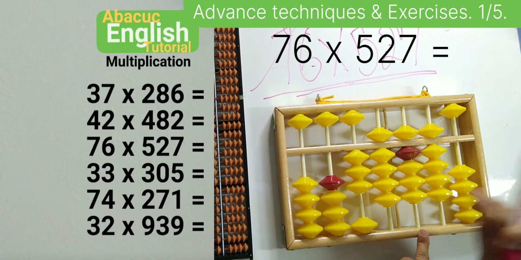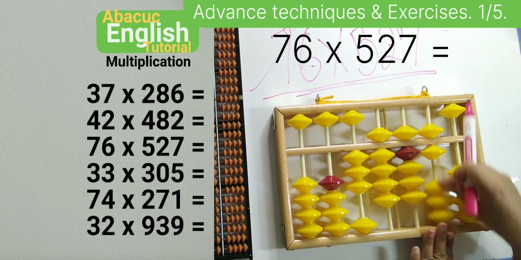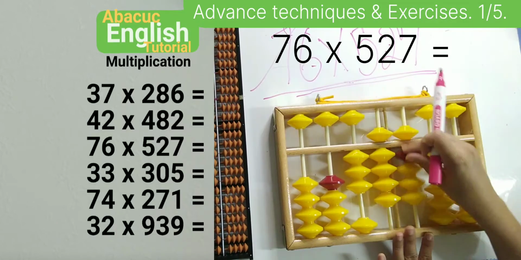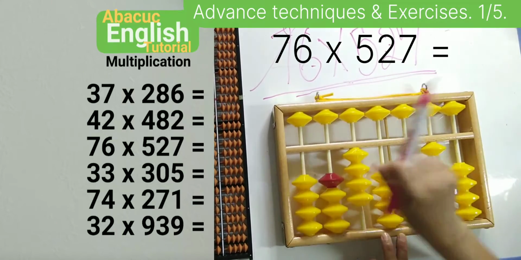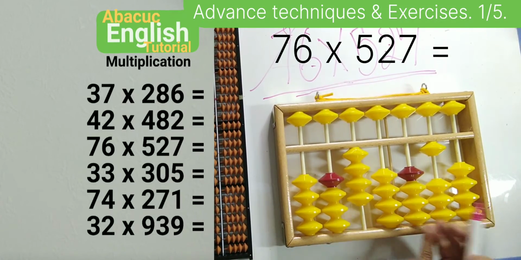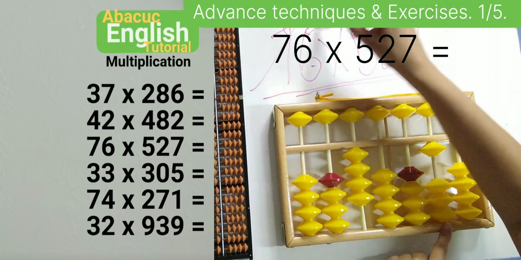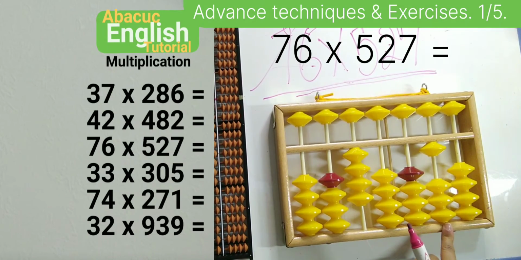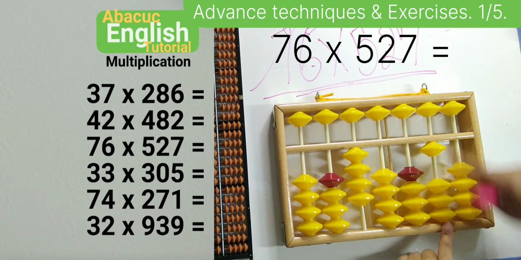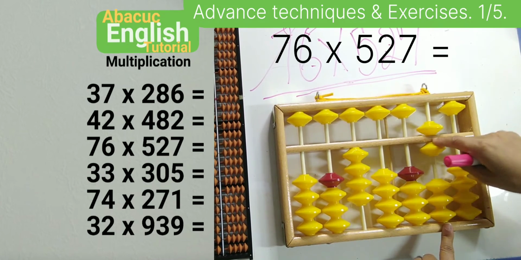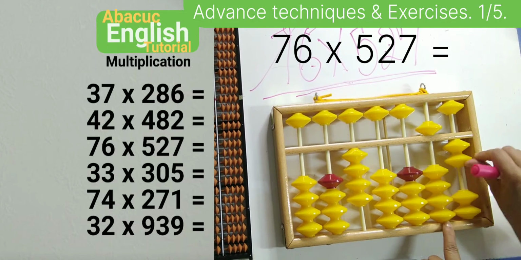Okay, you have to remove 8 first, and remove all these and add this one. Okay, and change your rod, and 6 sevens are 42.